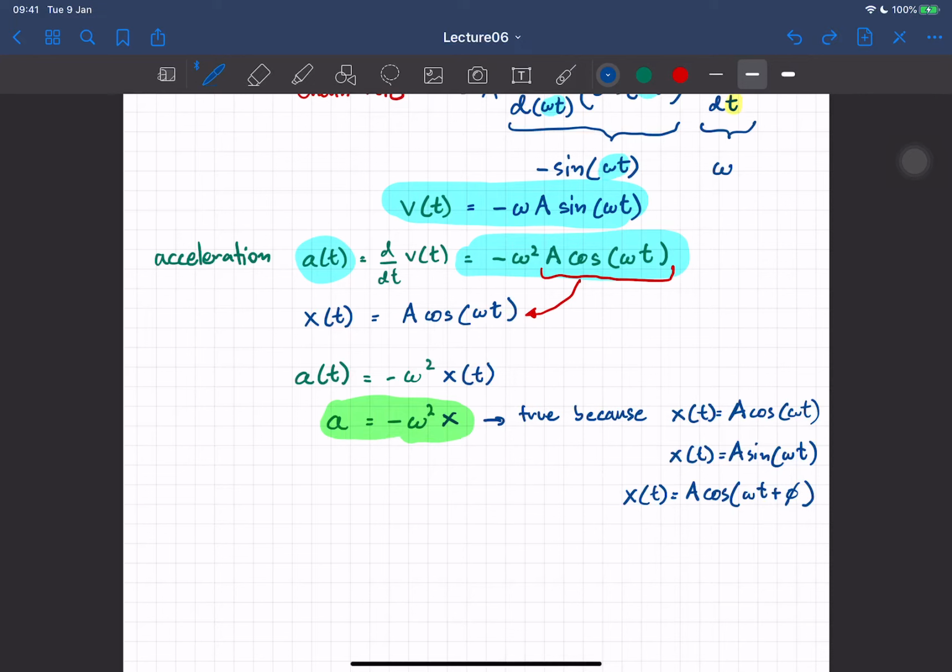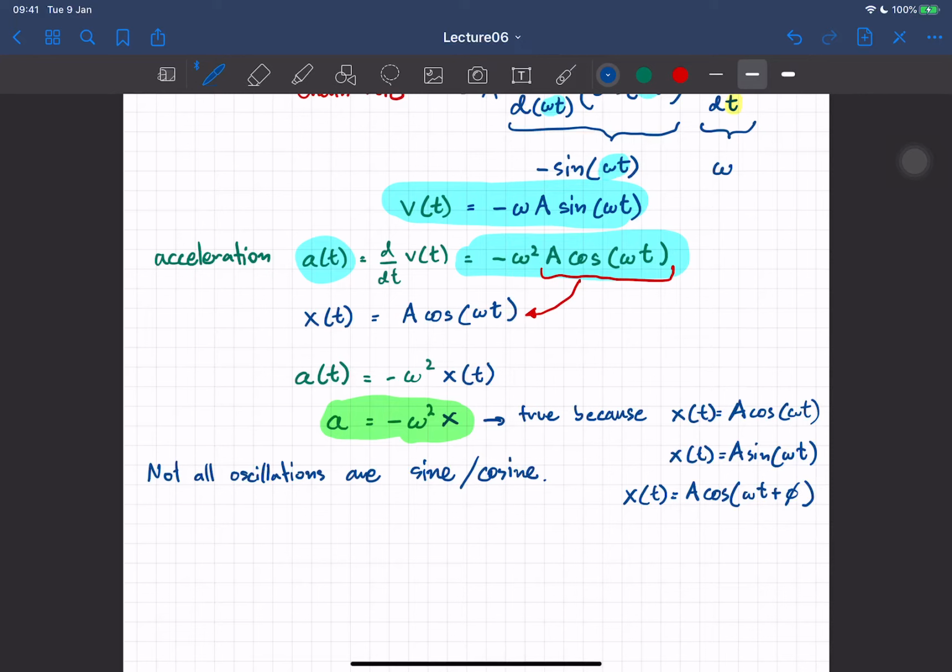Okay, so I want to emphasize that not every oscillation looks like cosine or sine. Okay, this is a very special case. We kind of know that it's going to be sine and cosine because it's the simplest case, but in reality, it doesn't always have to be sine or cosine. Okay, so I will write it down here. So not all oscillations are sine or cosine.